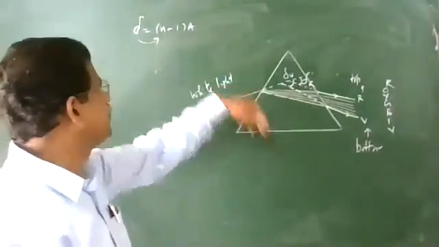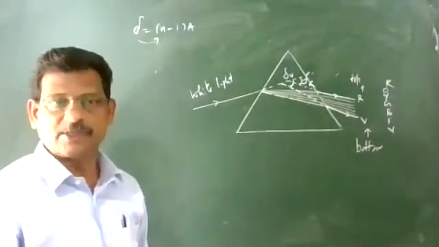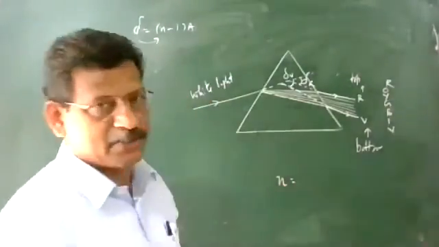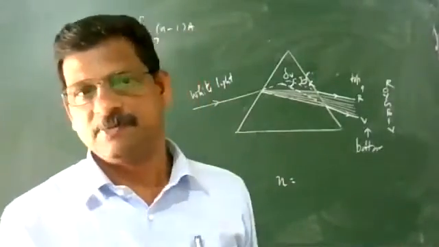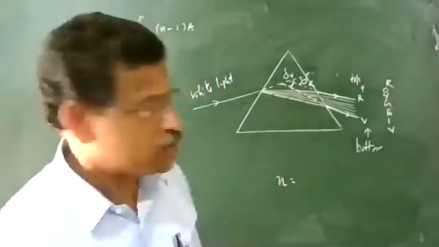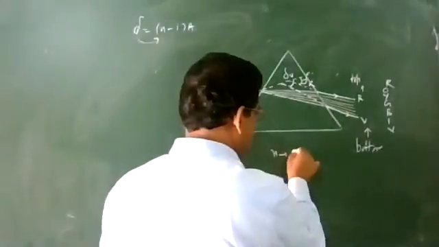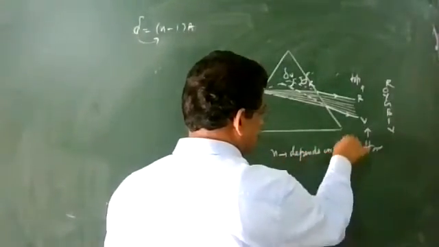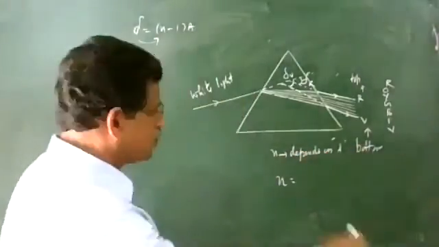So deviation depends upon the refractive index. The refractive index of a material, whether it is a prism or a lens, depends upon the wavelength. So n depends on wavelength. Don't think it will be constant. This is given by Cauchy's formula.